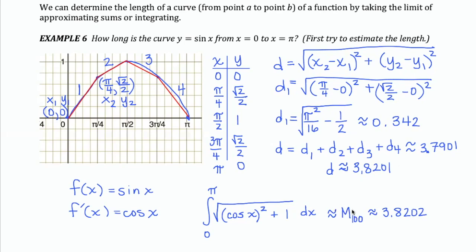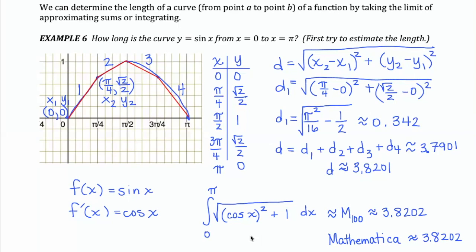Instead of using the Riemann sum calculator for your homework, I'm going to give you two problems to do where I'd like you to use Mathematica for your integral evaluation. And then the last one I do want you to do by hand. If you take this particular function and integrate it in Mathematica from 0 to pi, you get 3.8202, which is the same as the midpoint approximation for this integral.